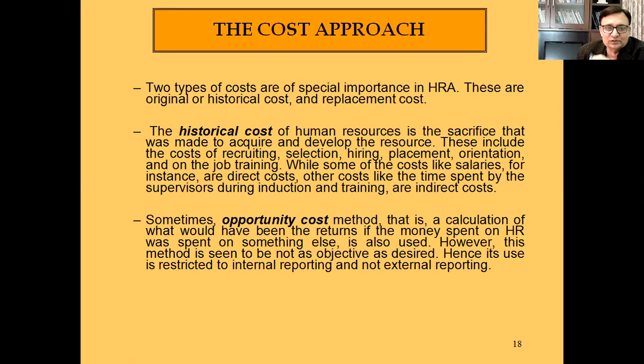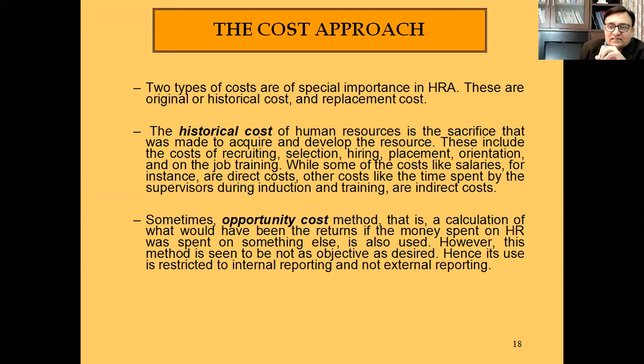These include the cost of recruiting, selecting, hiring, placement, orientation, and on-the-job training. Some costs like salaries are direct costs, and other costs like time spent by the supervisor during induction and training are indirect costs.